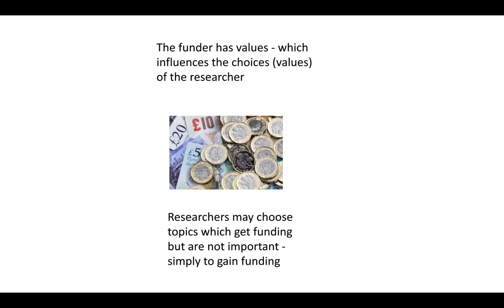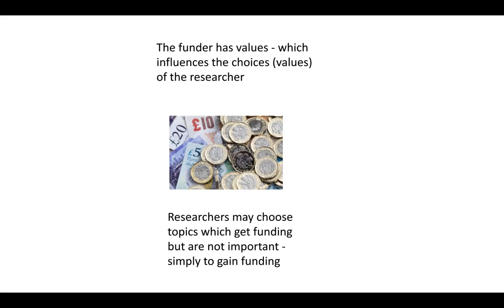Funding. The funder has values which influences the choices or values of the researcher. All sociological research is funded by somebody. It is funded by the government, or it is funded by universities, or it's funded by corporations. And they have values. The funder has values. Governments, for example, prefer positivist research methods because they like to have large sample sizes.